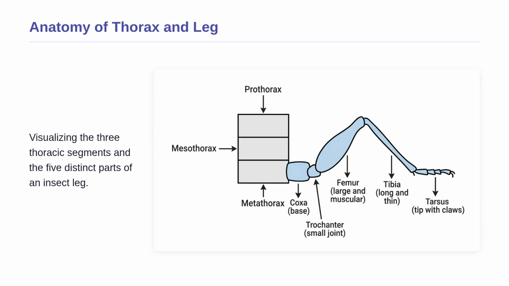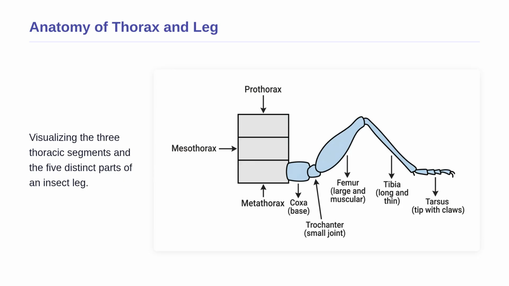Let us visualize exactly what these structures look like together. On the screen, you can see a clear diagram of the insect thorax divided into the prothorax, mesothorax, and metathorax. Notice how the leg attaches directly to the thorax. The leg itself is highly adaptable and made of 5 distinct parts.